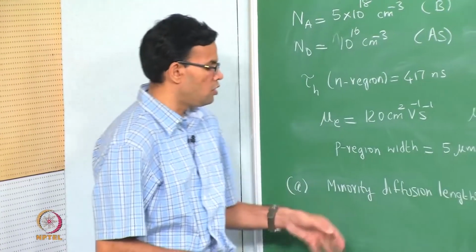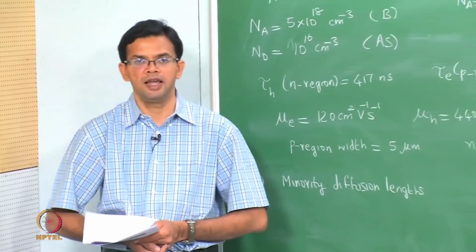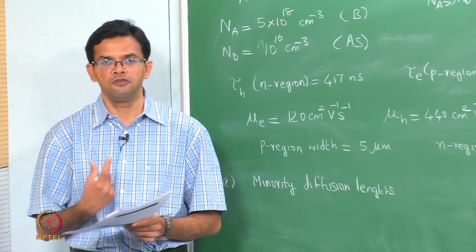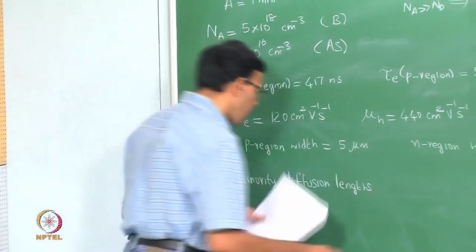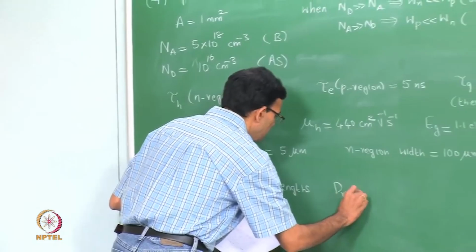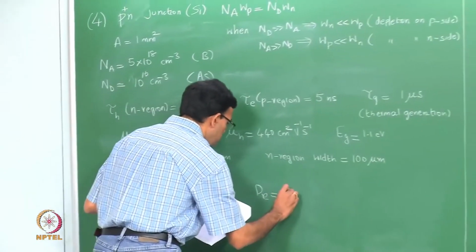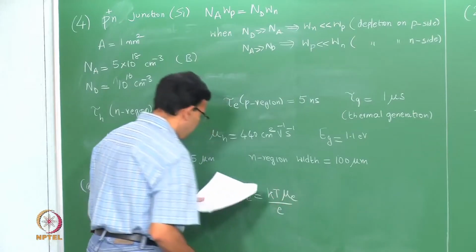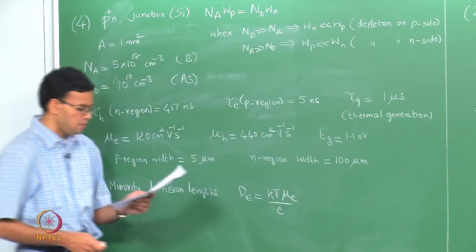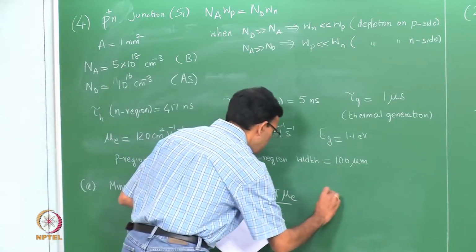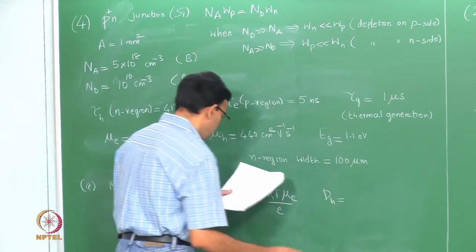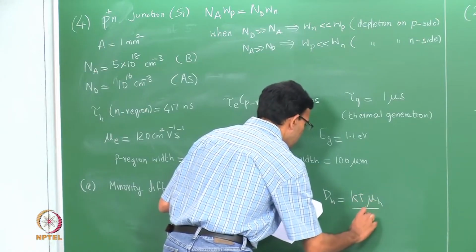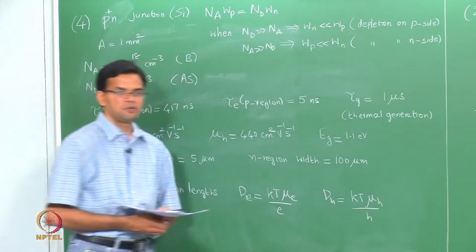So, the first thing we want to calculate is the diffusion lengths. To know the diffusion lengths, we need to know the diffusion coefficients. So, dE, which is the diffusion coefficient of electrons, is kT mu e over e, so it depends upon the mobility, and dH is kT mu h over e.